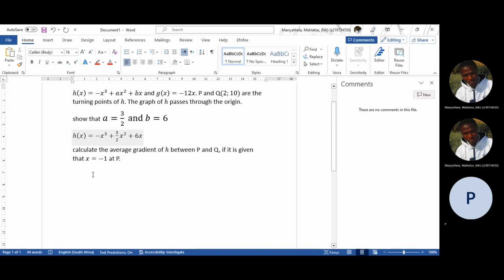So we are given that x equals negative 1 at P. The first thing we're going to do is to find the corresponding y value when x is negative 1.